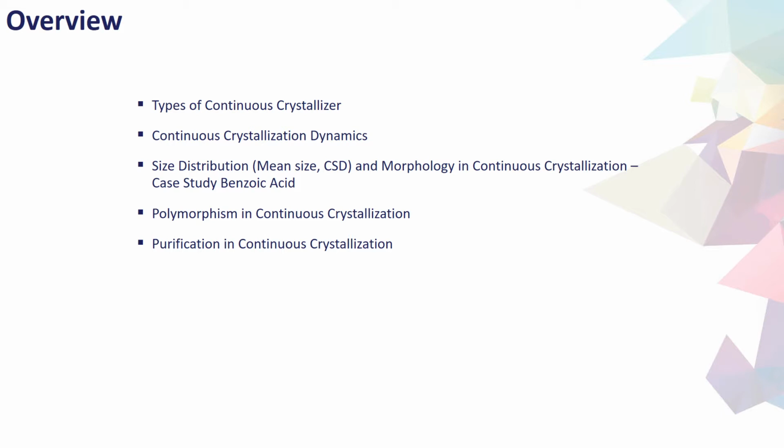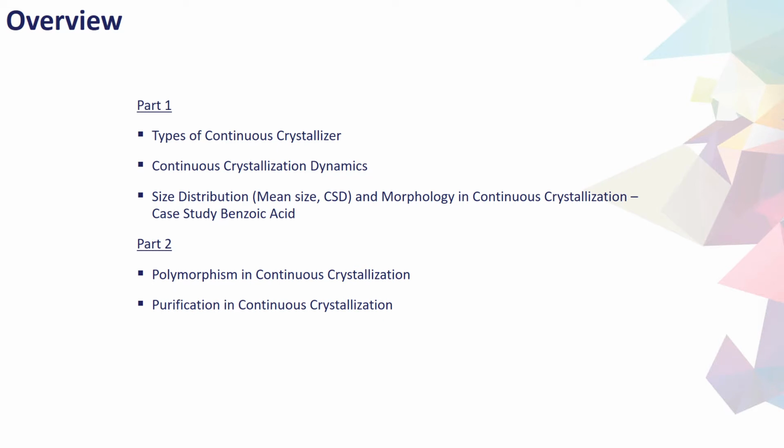Furthermore, we'll discuss the dynamics that these different continuous crystallizers offer in comparison to batch isolation or crystallization, which is the current industry standard, and how these additional process trajectories or crystallization dynamics offer the ability to control and also to access a wider range of critical quality attributes for active pharmaceutical ingredients, namely here the mean size, the morphology of the particulates, the polymorphic or crystalline phase that's isolated and its purity, the chemical purity of the API, and finally the chiral purity or the enantiomer of the API that can be isolated as well.